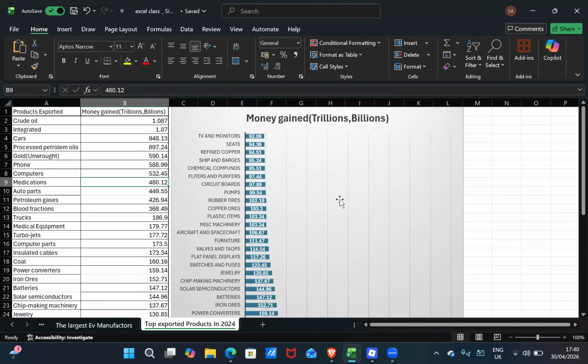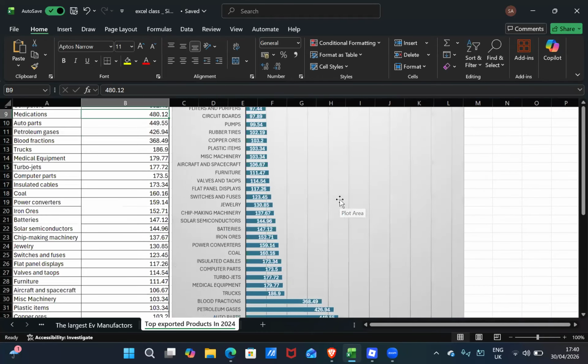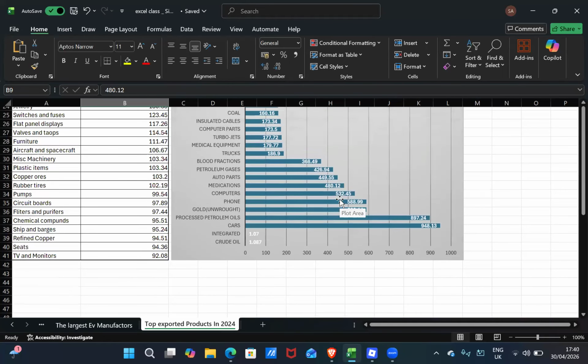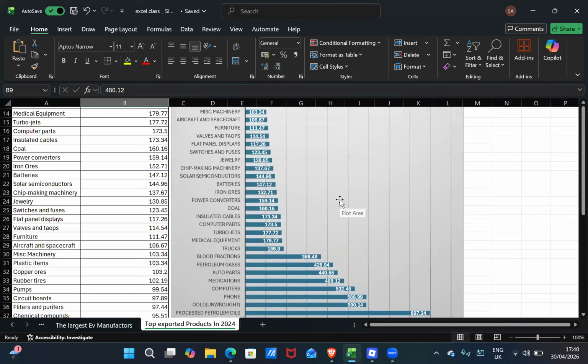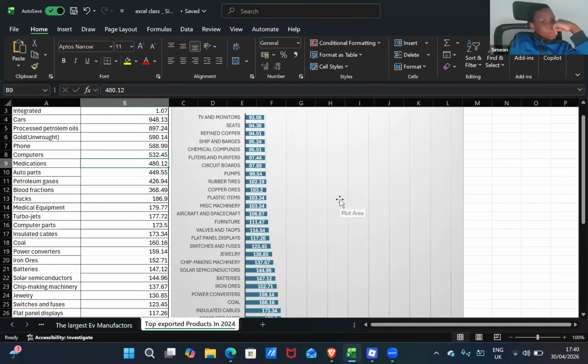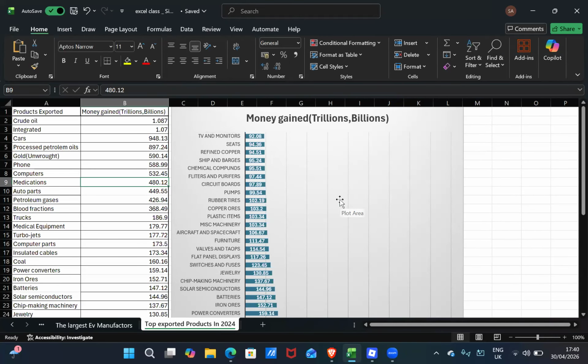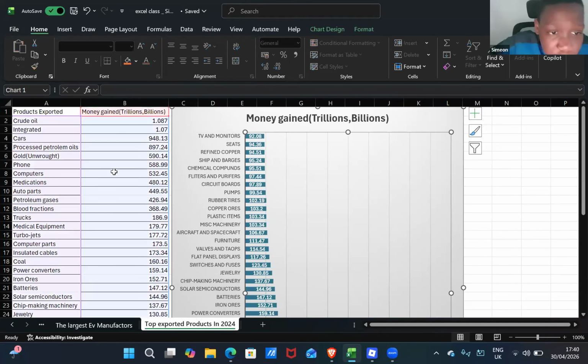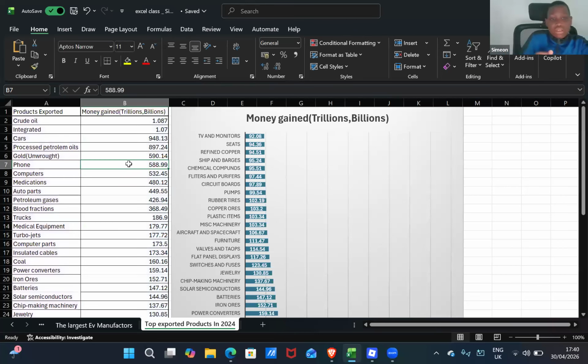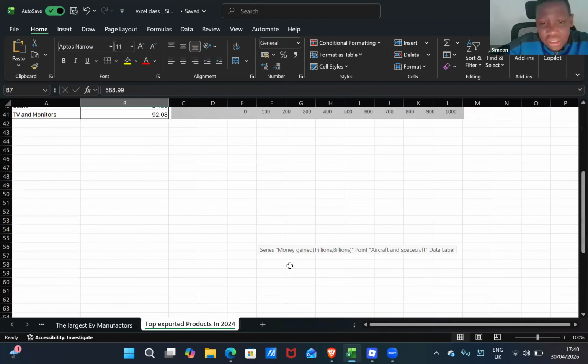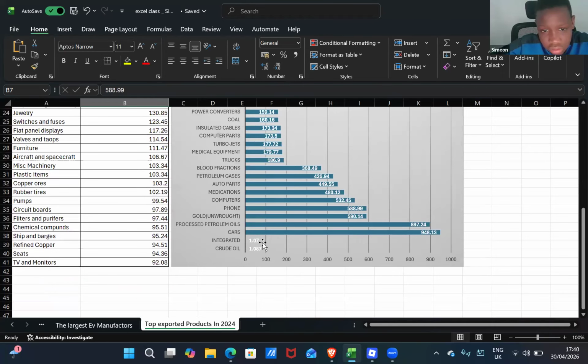So it's the one that has the longest bar there, right? Yes. Well, it does not show because it's like 1.1 trillion, so it looks like there's nothing there, but there is.